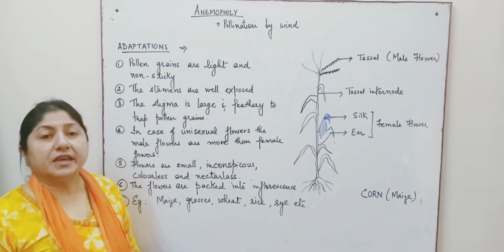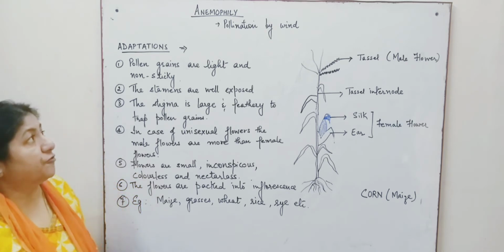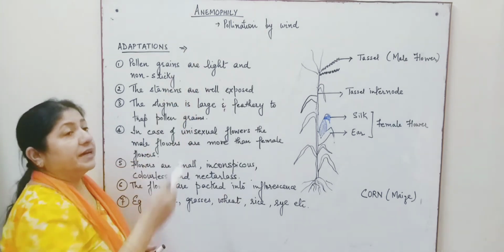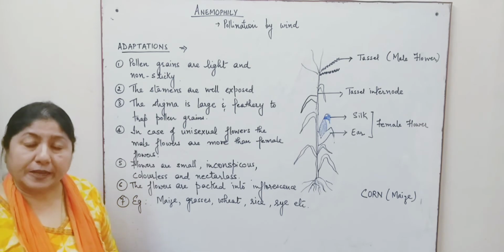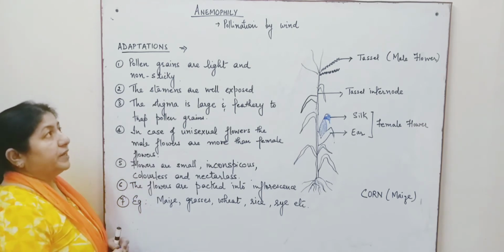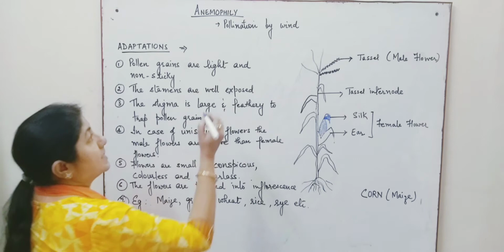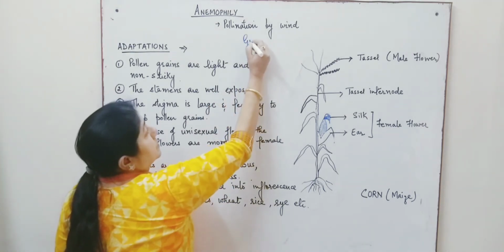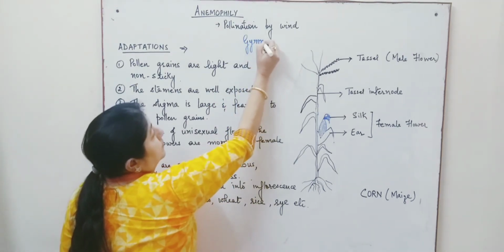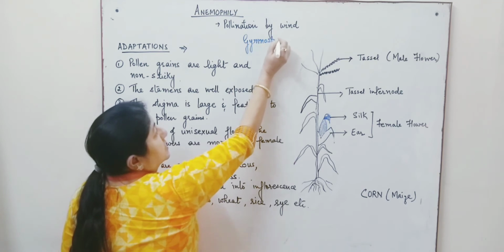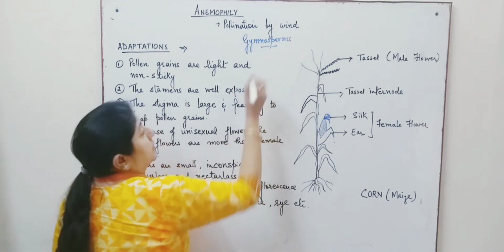So let us study first the process of pollination by wind, that is known as anemophily. Anemophily is mostly seen in gymnosperms. It is observed in gymnosperms.